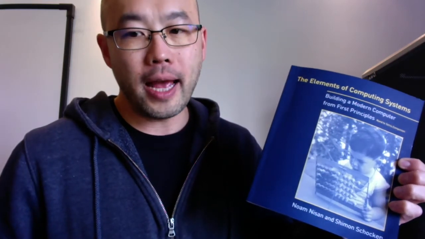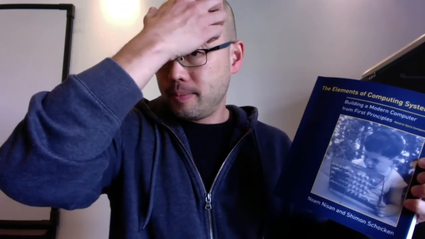This book is The Elements of Computing Systems, Building a Modern Computer from First Principles, the Nand2Tetris companion. There's a website, and you can visit that. I'll put a link below. The book's by Noam Nisan and Shimon Schocken, and I hope I pronounced that correctly.